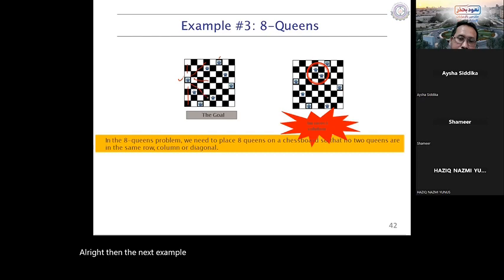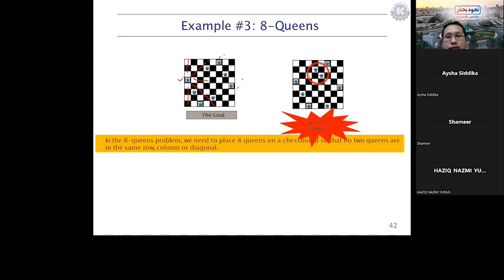So we check, for example, the first queen: there is no other queen crossing this row, column, and diagonal. The second one also, the third one also, and the fourth one. 1 2 3 4 5 6 7 8. 8 queens. So that is the goal.